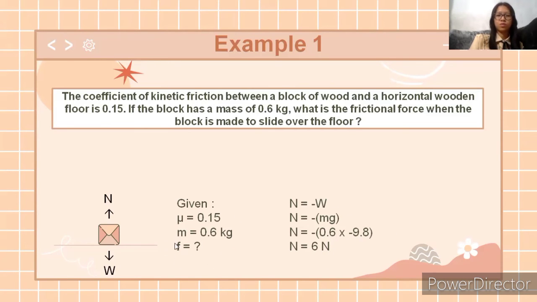Now we can solve for F, or frictional force, because we already found the normal force. We can find F by mu times N. Mu is 0.15 and N, the normal force, is 6 Newton. 0.15 times 6 is 0.9 Newton. This is the final answer.